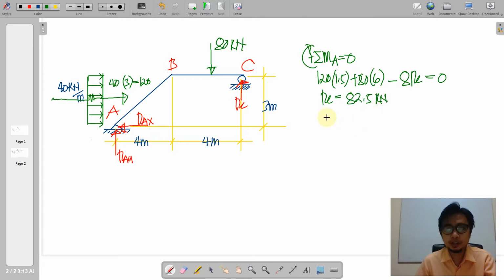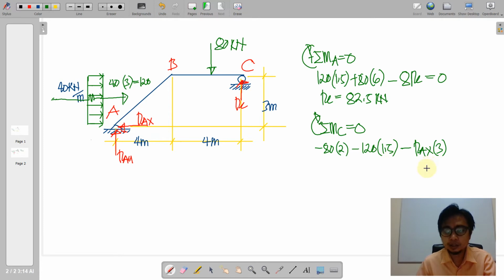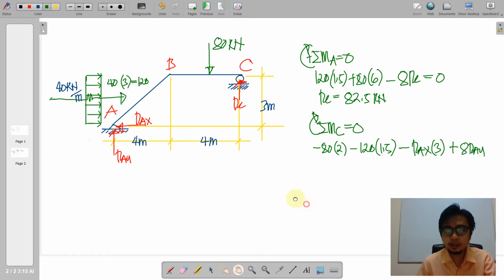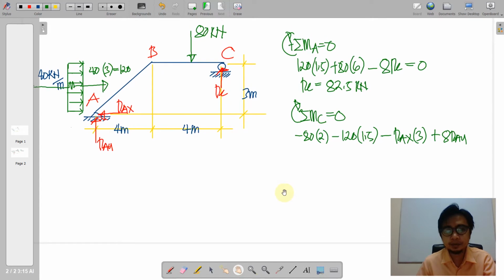So for the other reaction, we have summation moments at C. So counterclockwise 80 times 2 less another counterclockwise 120 times 1.5 less RAX times 3 plus 8 RAY, and that would be equal to 0. So we come up with an equation having two unknowns, RAX and RAY.